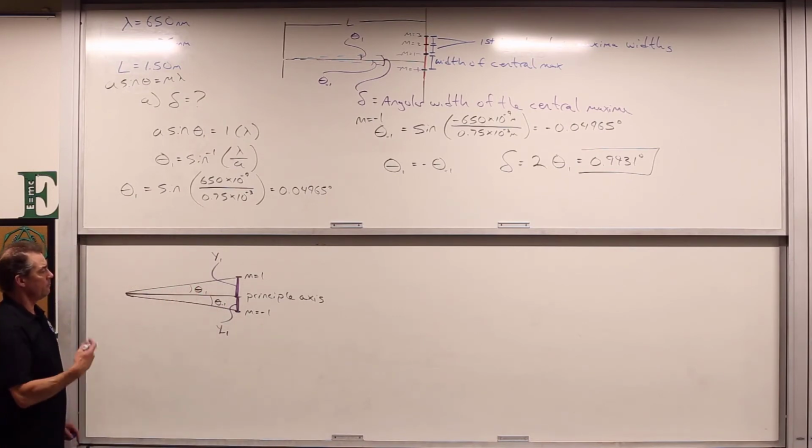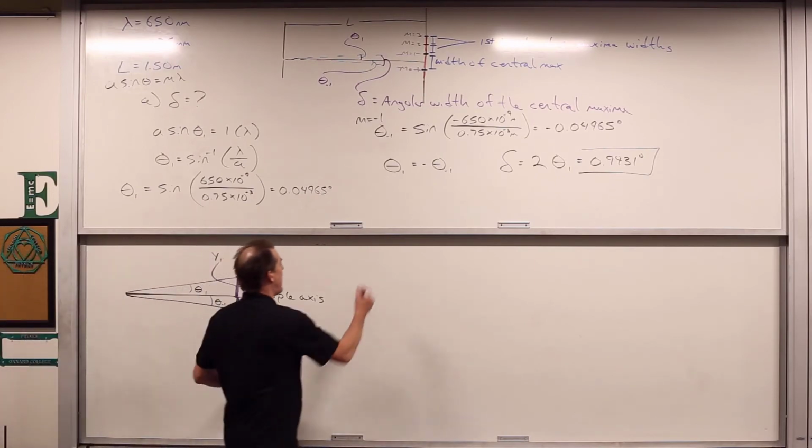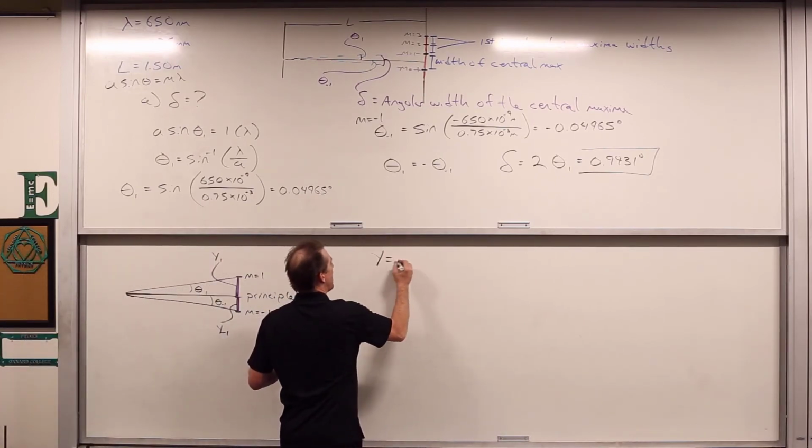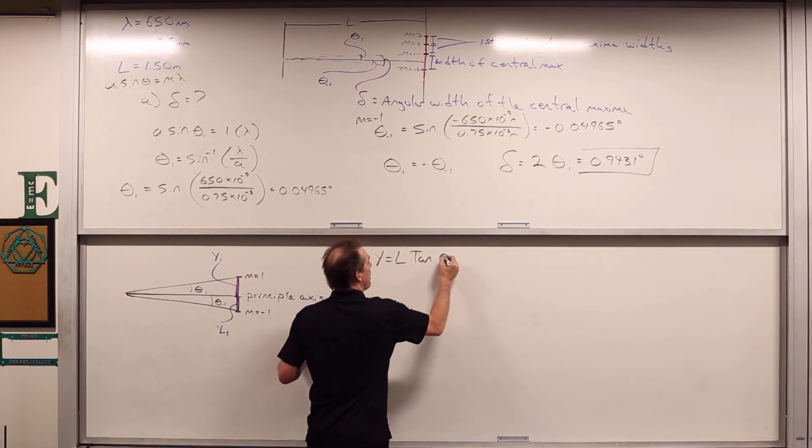The angles are the same, then the linear separations have to be the same. At any rate, we've got, in general, that y is equal to L times the tangent of theta.